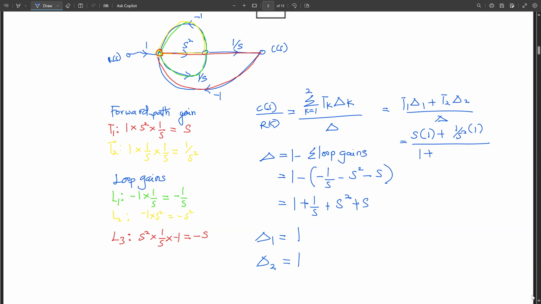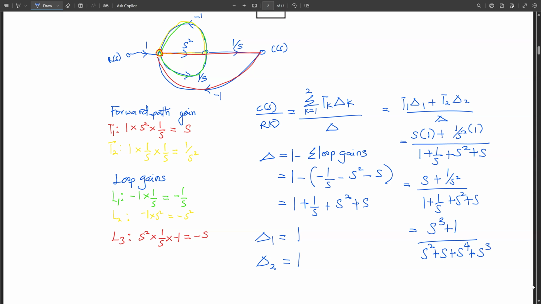So it's 1 plus 1 over S plus S squared plus S. This gives us S plus 1 over S squared, over 1 plus 1 over S plus S squared plus S. Now I could simplify this by multiplying the denominator and then the numerator by S squared. When I do that, I'll get S cubed plus 1 S squared plus S plus S raised to the power 4 plus S cubed. Makes sense, right? Does it make sense?